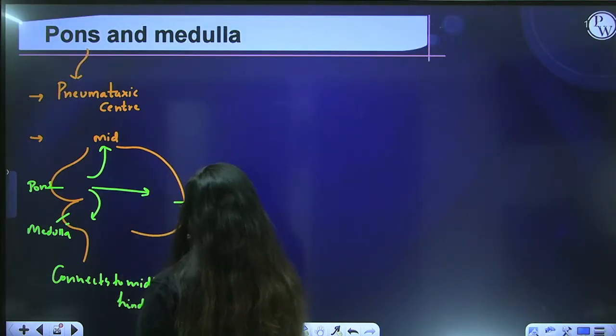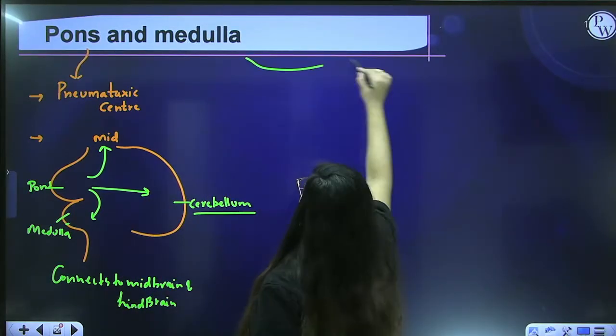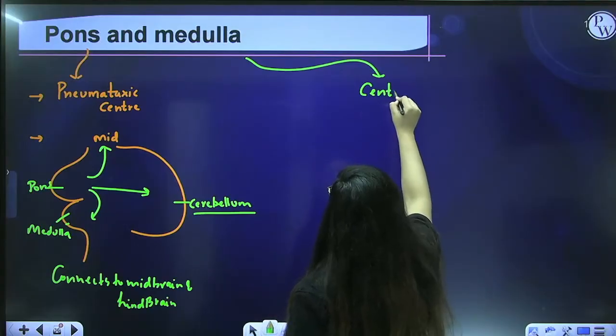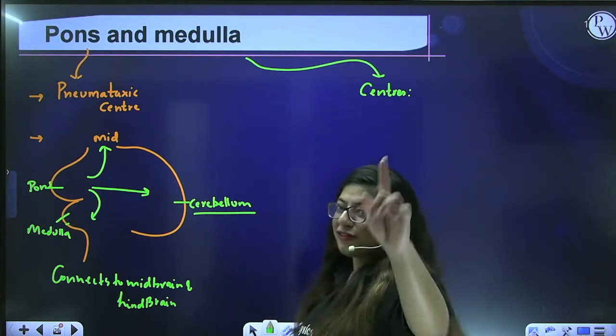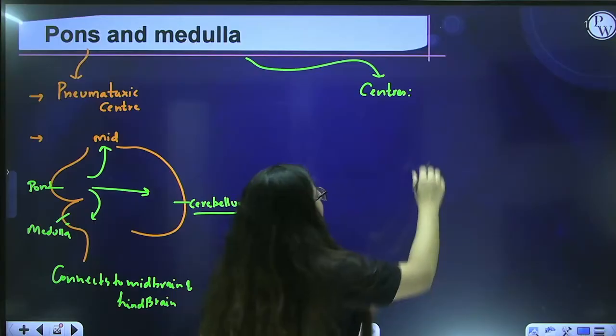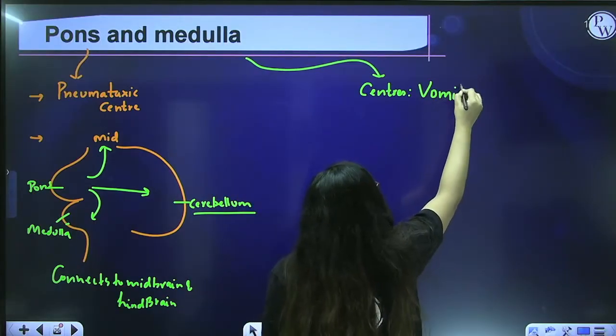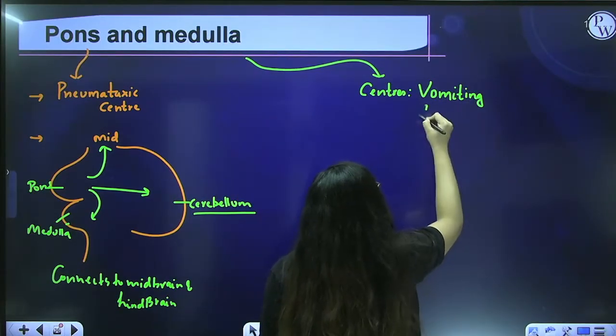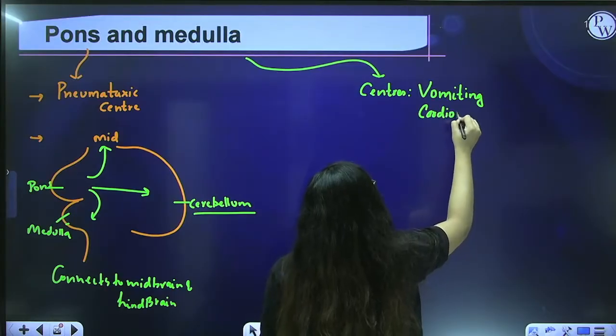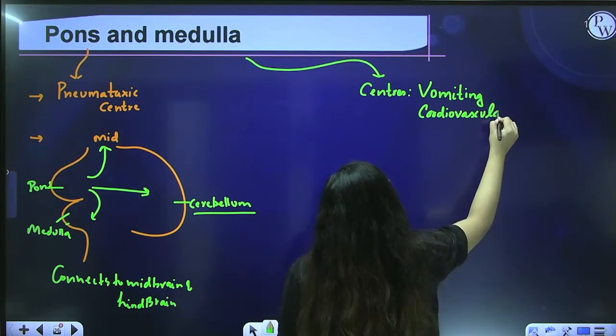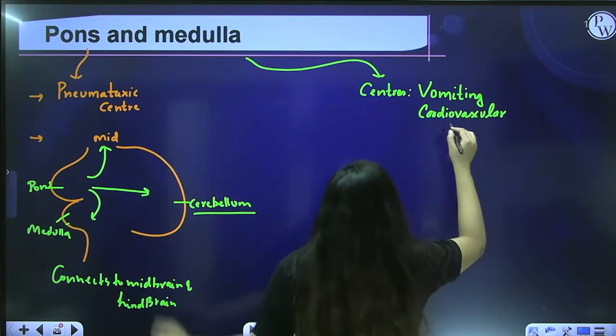All right. Now, talking about the medulla. Medulla has a lot of centers. We'll start from the digestion chapter. It has a center for vomiting, guys. It has a center for the cardiovascular system. How can we forget the pneumotaxic center?